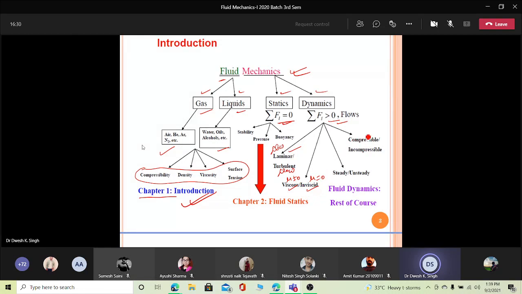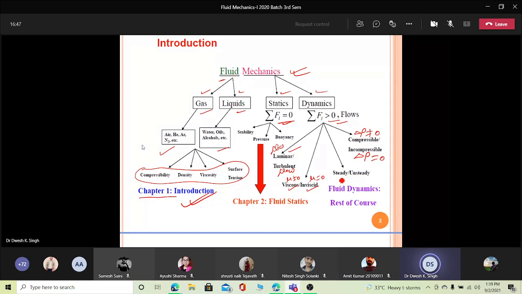Then comes compressible, where the change in density is not equal to zero. In incompressible flow, the density change is zero. There is no change, so density will not change.